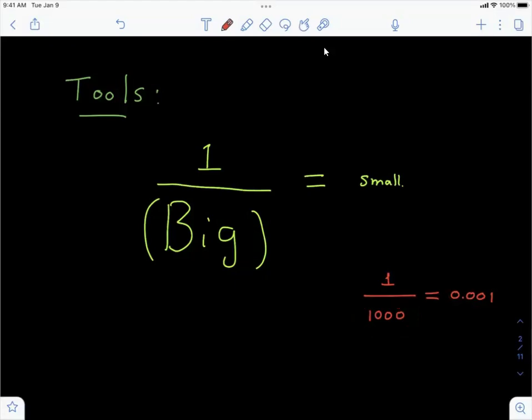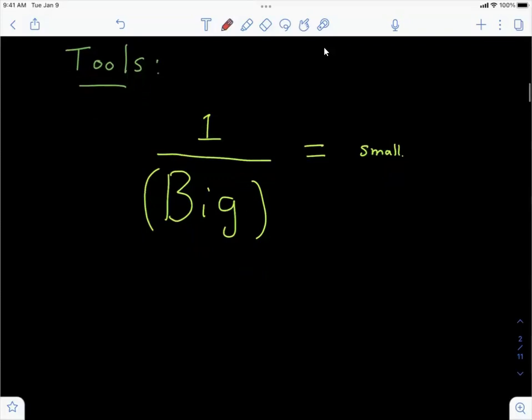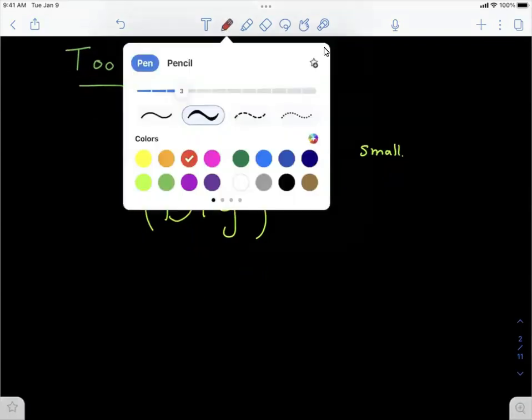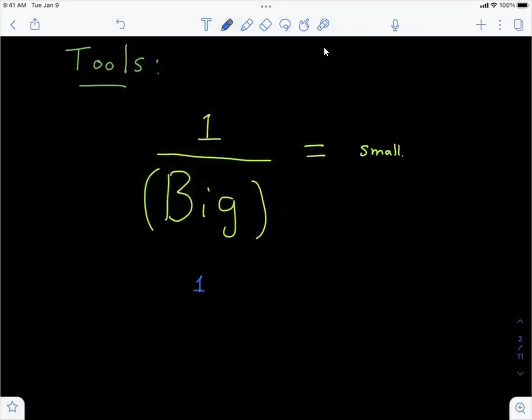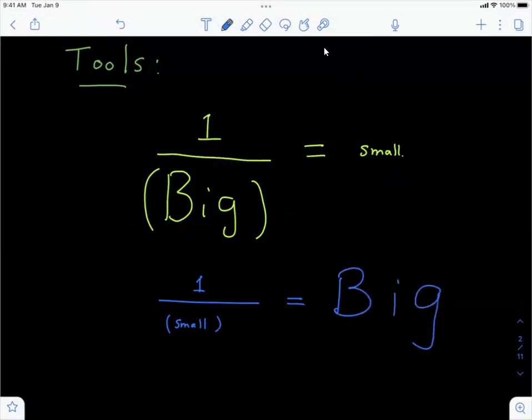Now, when you have that particular tool, you can just flip the same tool the other way around, and say, why not? Let's employ a different color: 1 over a very small number will result in a very big outcome.